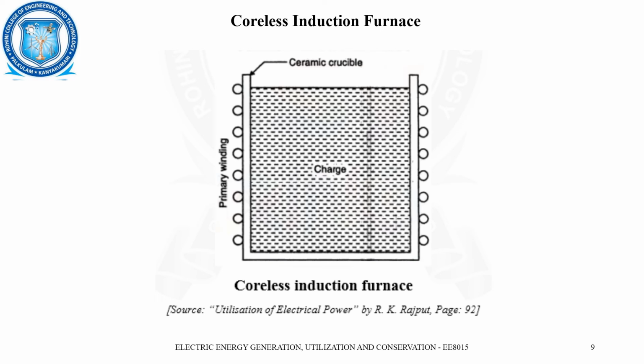This ceramic crucible acts like a secondary. So there will be an induction principle between the primary winding and the ceramic crucible, and current will flow through the material, and the temperature of the charge gets increased, thereby melting the charge.